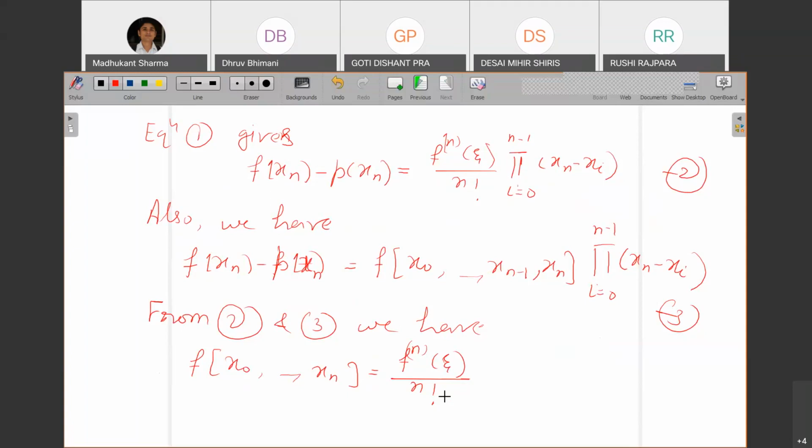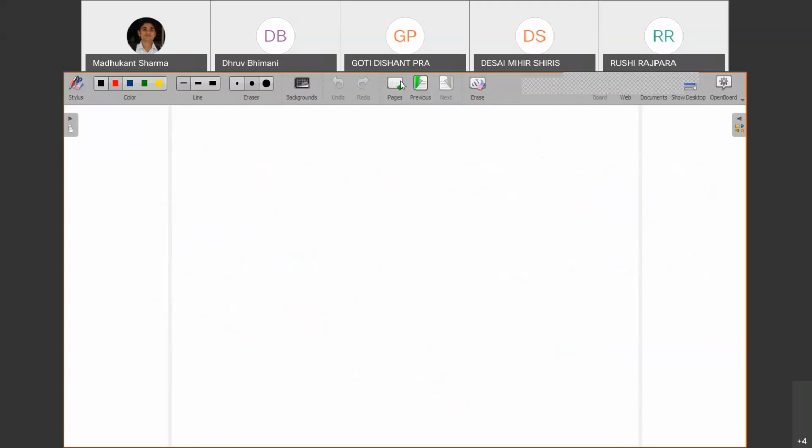So we are going to a particular case where the data which has been given is equally spaced. We are going to assume equispaced data is given.